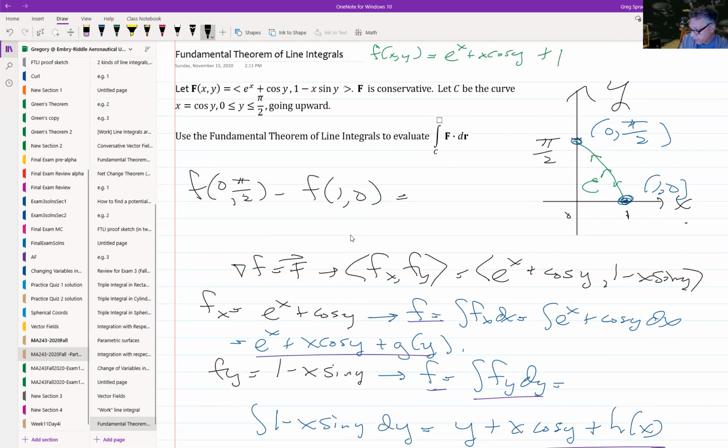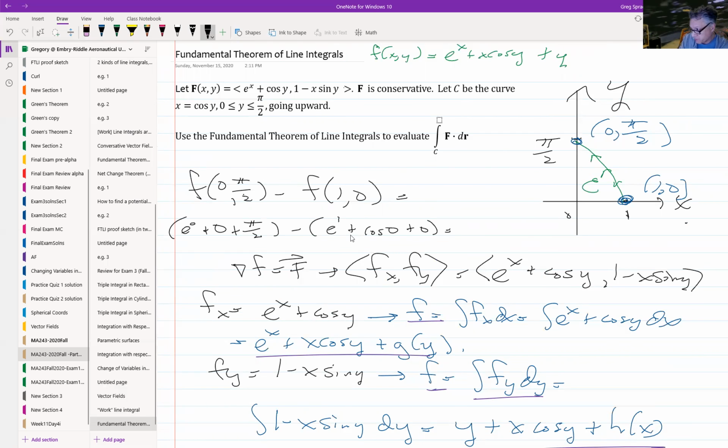I plug in (0, pi over 2), get e to the 0 plus 0 plus, sorry, that potential should end with plus y. So f of (0, pi over 2) is e to the 0 plus 0 plus pi over 2. f of (1, 0) is e to the 1 plus cosine 0 plus 0.